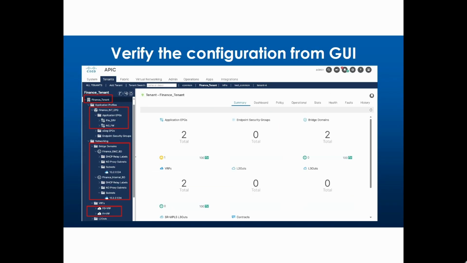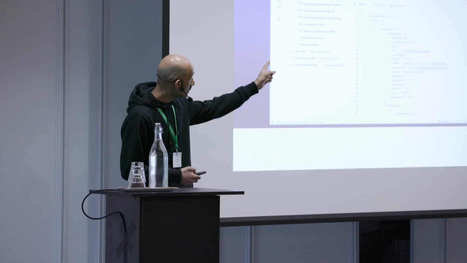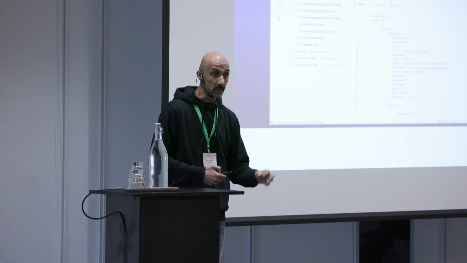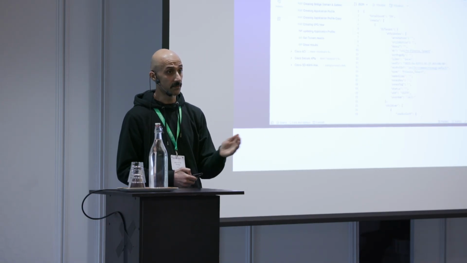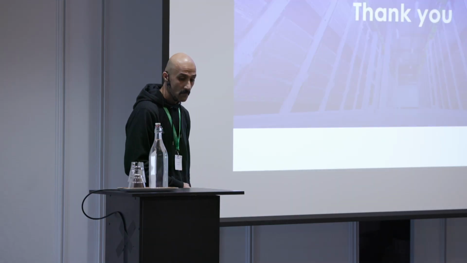And we can confirm our configuration by the GUI or, for example, by this get method in order to receive all of those configurations, like those times that we as network engineers use show running configuration in the traditional way to confirm our configuration. And the important thing is this URL will differ in different Cisco APIC versions. Thank you very much.